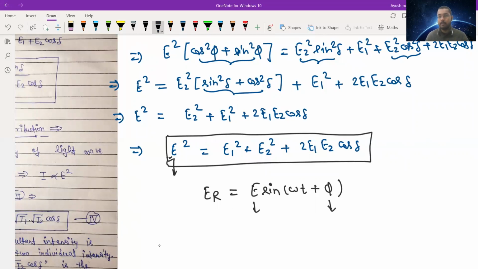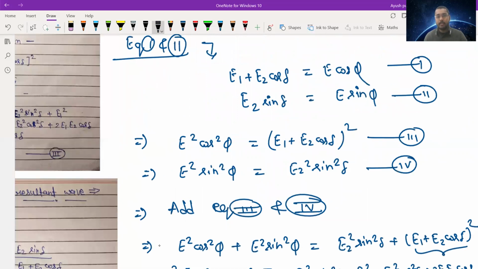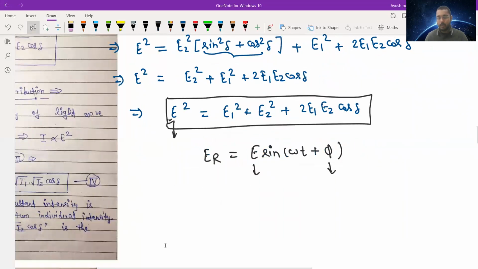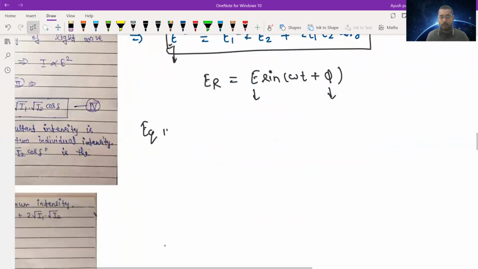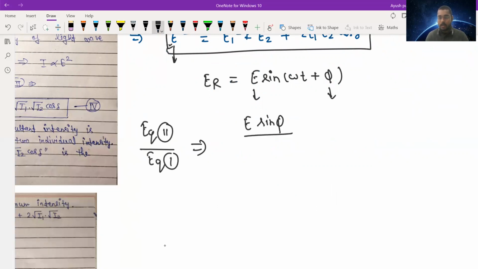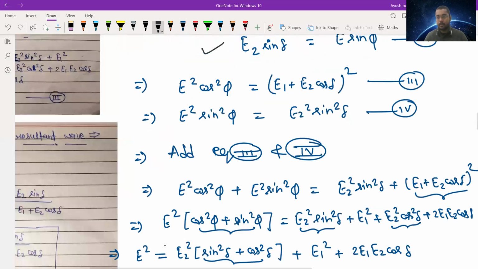So let's calculate this phi, again from equation first and equation second. Now let's divide equation second by equation one. So equation second divided by equation one will give us E sin phi divided by E cos phi, which equals E2 sin delta divided by E1 plus E2 cos delta, right? Let's check that we have written the right terms.